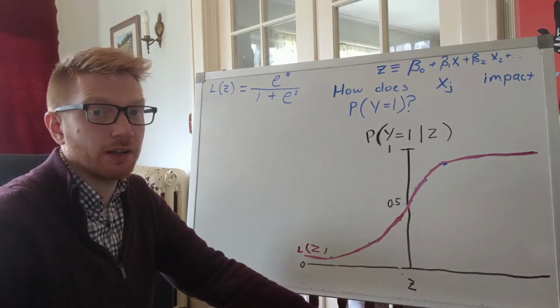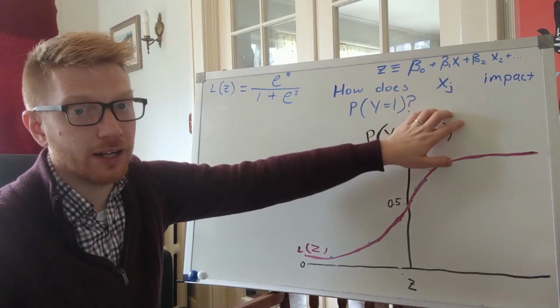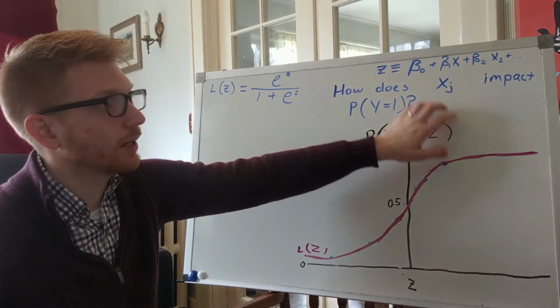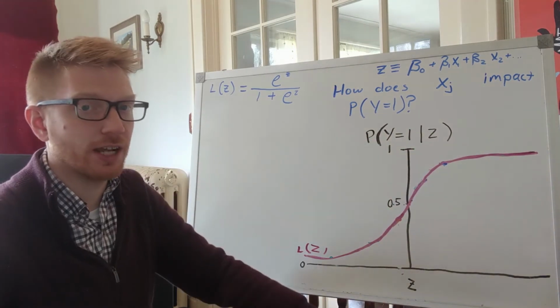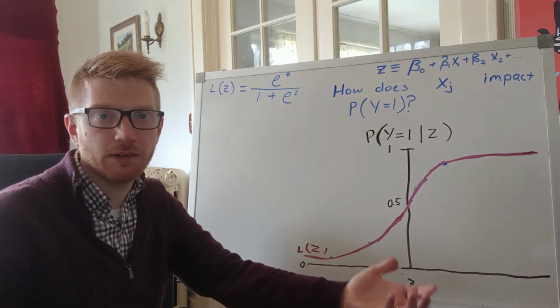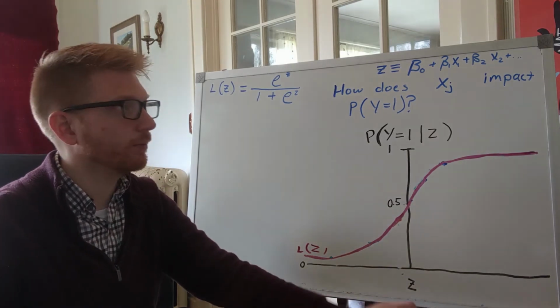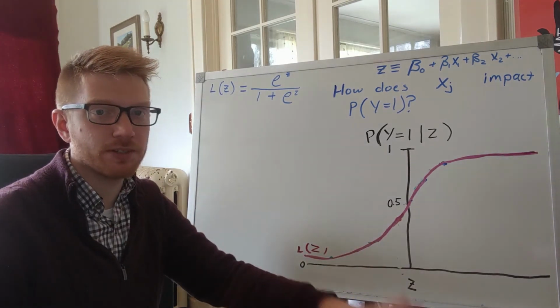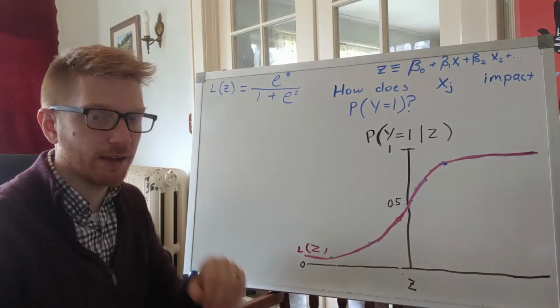It's often interesting to think about how our x variable varies and instead look at a standard deviation change. So what is the impact of a 1 standard deviation change in our x variable? Again, for notational simplicity, we're going to focus on x1, but you could do this with any variable.